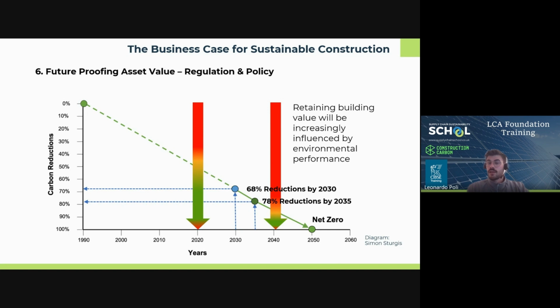Once again, in the context of European law, in 2020, the European Commission launched the EU taxonomy. The taxonomy is essentially a system used to classify economic activities and establish whether they can be considered environmentally sustainable or not. This system was originally designed to support the Green Deal, and it is aimed at directing investment towards sustainable activities.